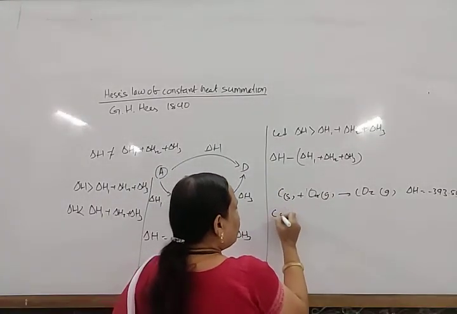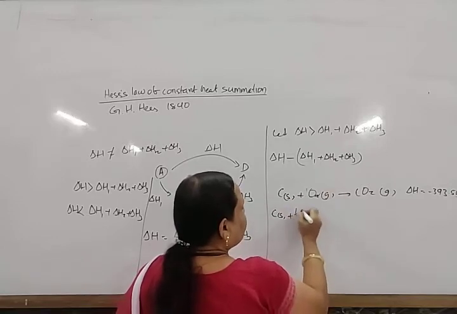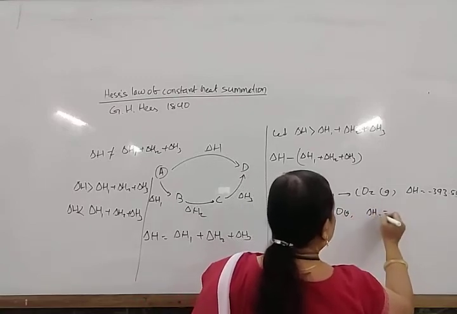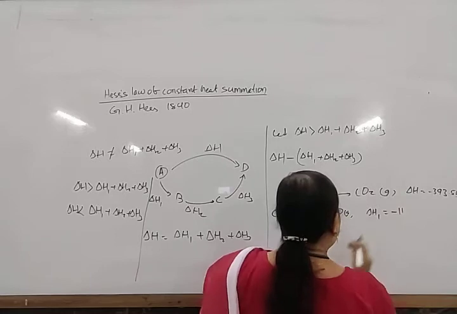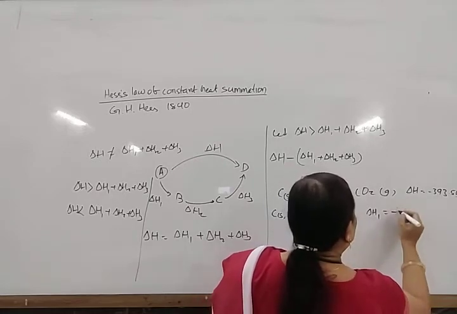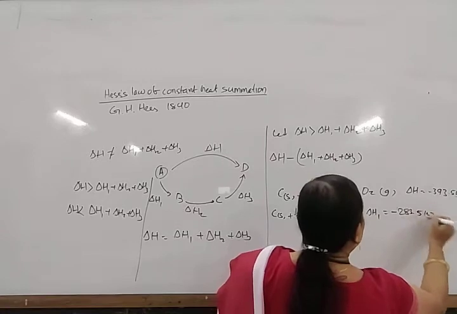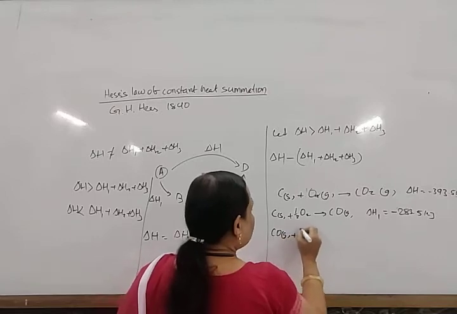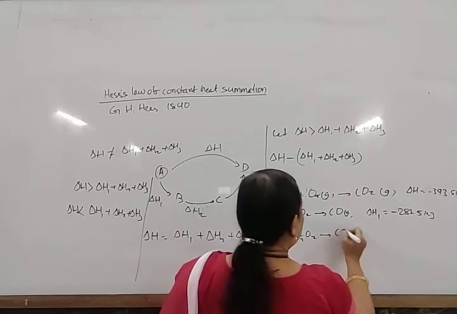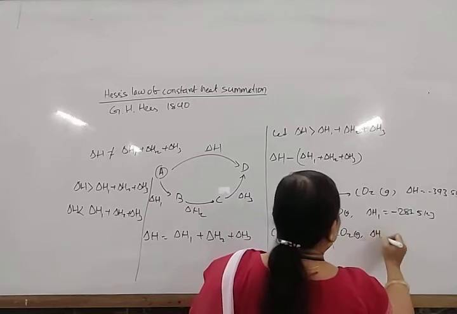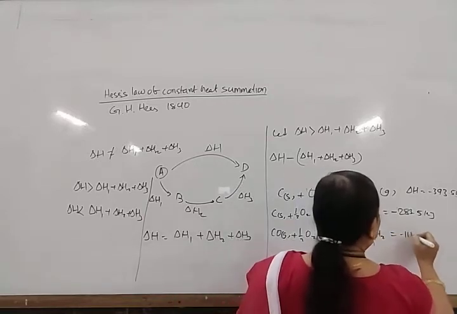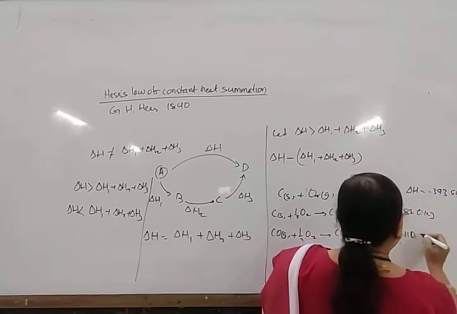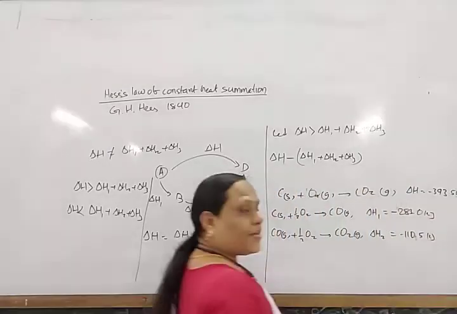Similarly, when carbon solid first reacts with oxygen, it gives carbon monoxide, and in this case del H change is minus 83.5 kilojoule of heat. And again when CO gas plus half O2 gives CO2 gas, in this case del H is minus 110.5 kilojoule of heat.